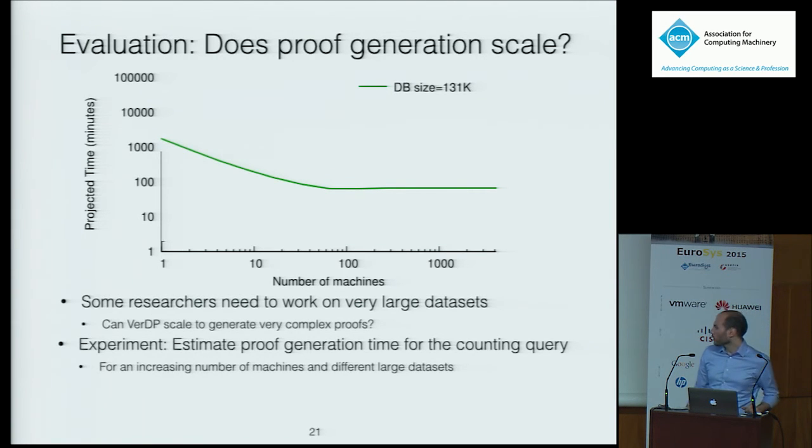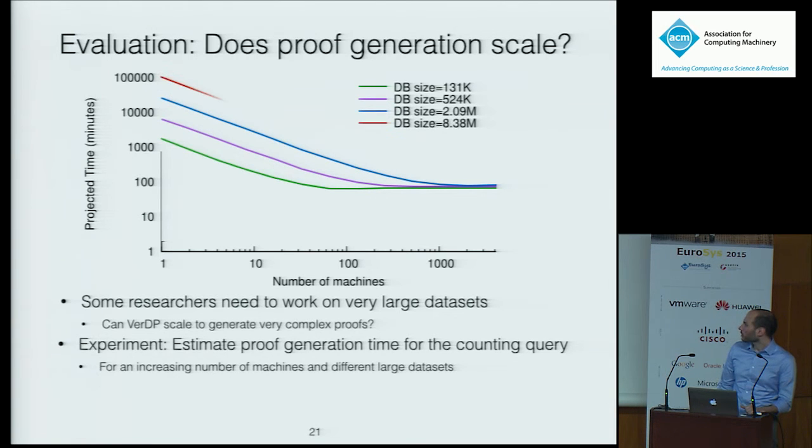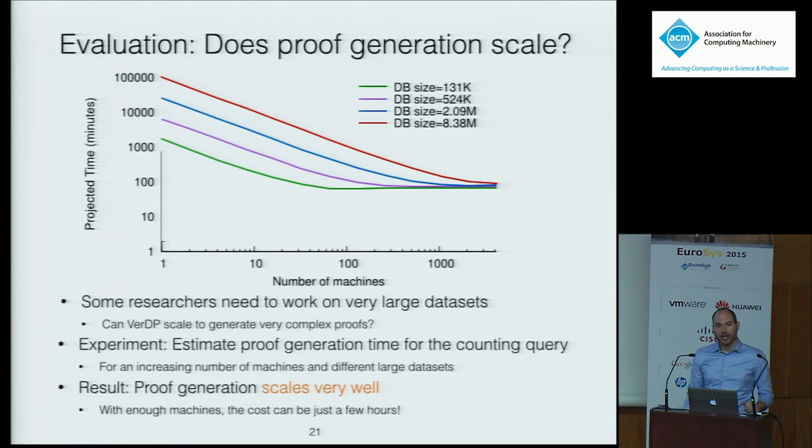As you can see, with enough machines, this data set can be handled within a few hours. And we did the same for other much larger data sets and found that the trend is the same. With enough machines, you can always bring down the cost to a few hours. And we believe that as cloud computing becomes more ubiquitous, VerDP will be able to handle larger and larger databases.